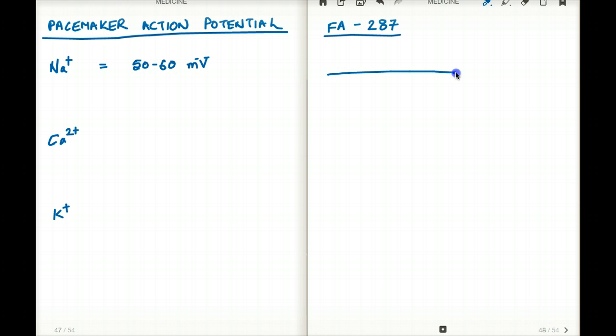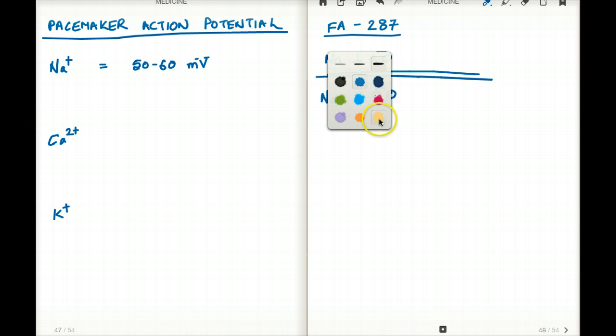Let's say this is our membrane, this is the inside of the cell, and this is the outside of the cell. The membrane potential would be around positive 50 or 60 when sodium is in equilibrium.